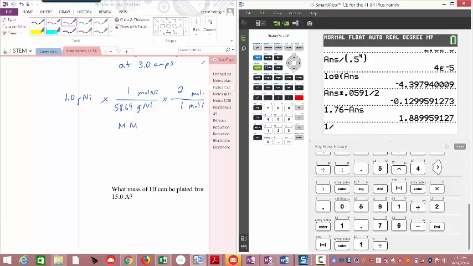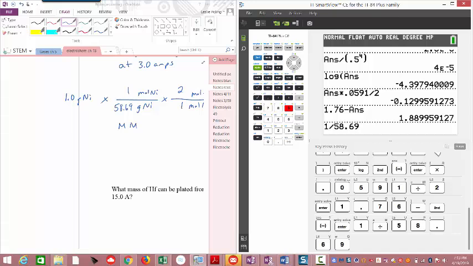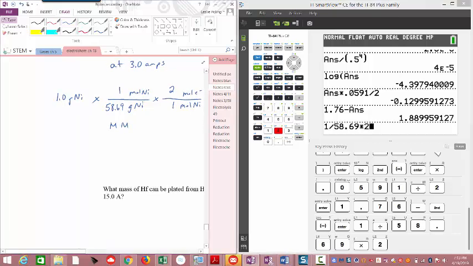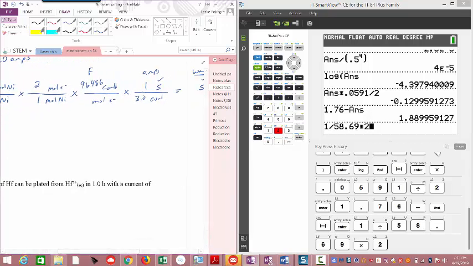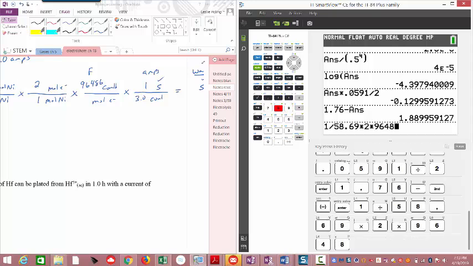So 1 divided by 58.69 times 2 times 96,486 divided by 3.